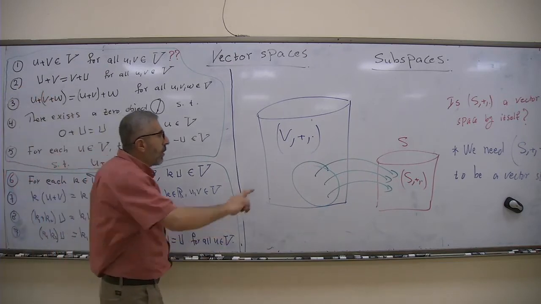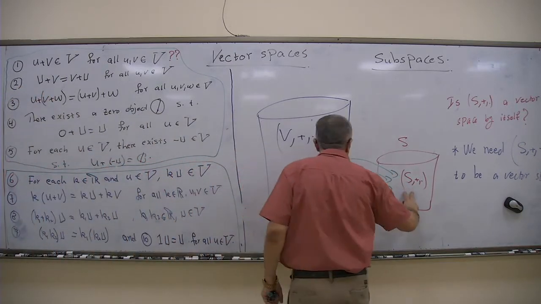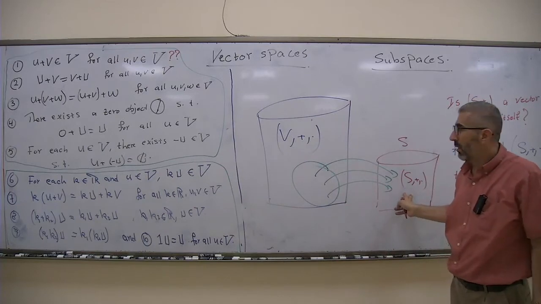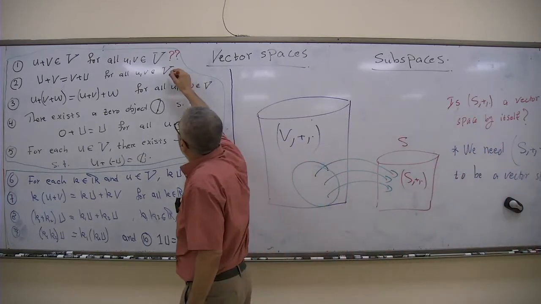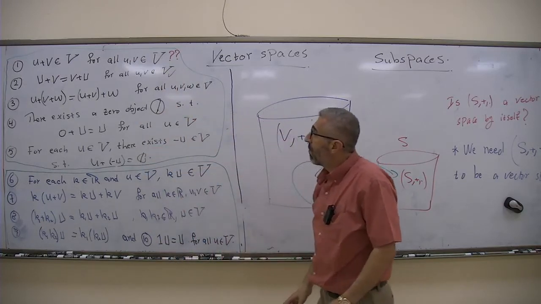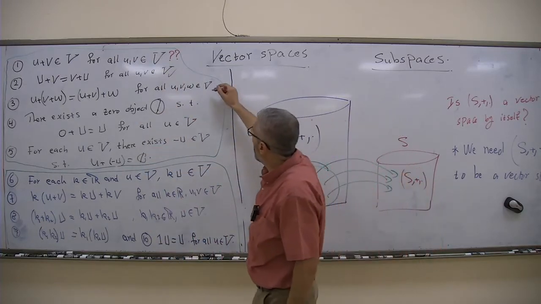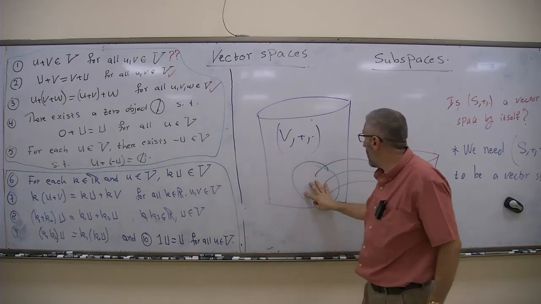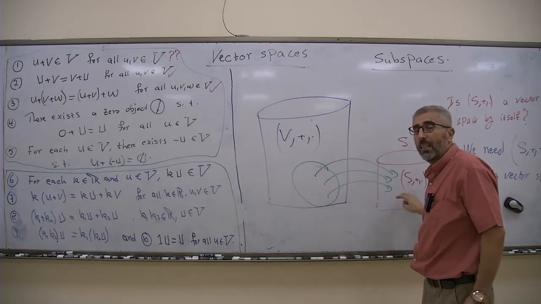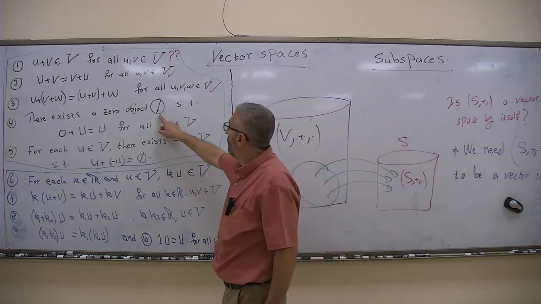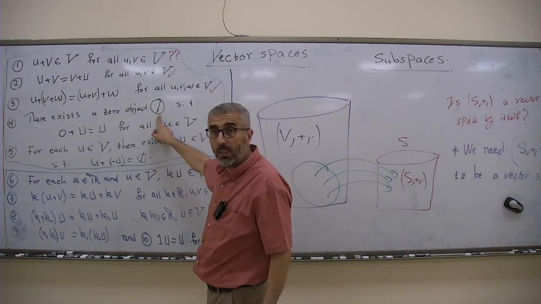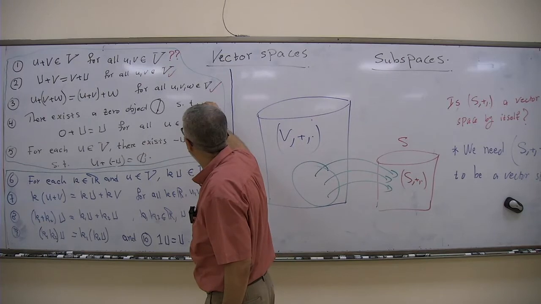Well, if they commute here and you take them, still they are going to commute here. Correct? So basically the second one is going to be inherited. I don't need to worry about it. What about the third one? The third one is going to be inherited. If it is valid here, here still it is valid. The zero object. Did we take it or we did not take it? That is not obvious.